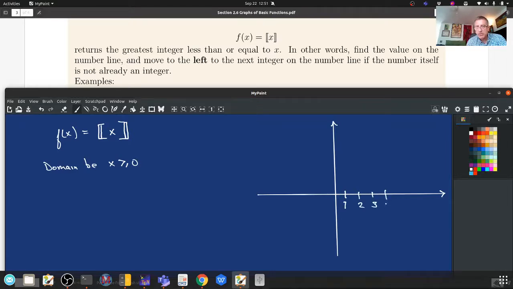I just realized I probably could have pasted over a much better graph for this, but this will be fine. So let's do a table of values. I just want you to see what this looks like. We're going to put several values here until we get the hang of it.